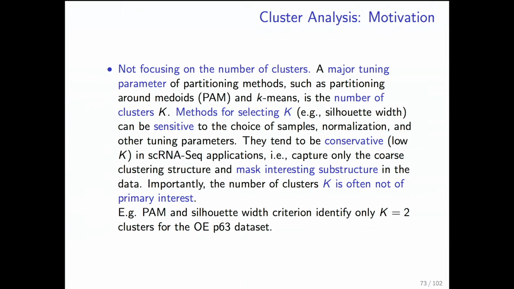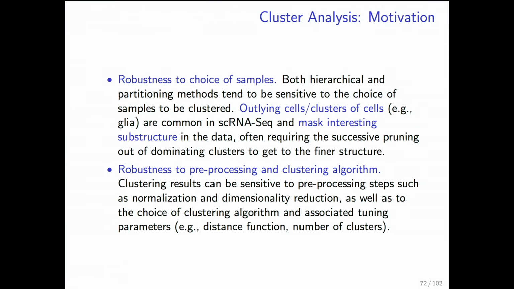So before inferring the lineages, we'll cluster our cells. This is some of the motivation for the work we've done on cluster analysis. We wanted to have a clustering method that's robust to the choice of samples, and that's also robust to the preprocessing and the clustering algorithm.